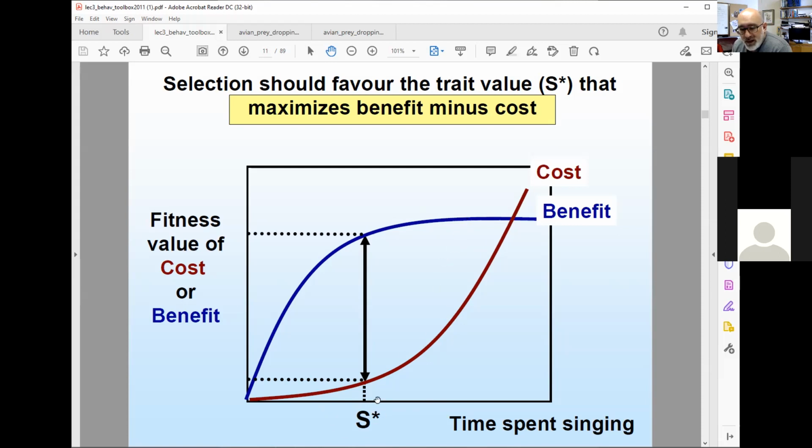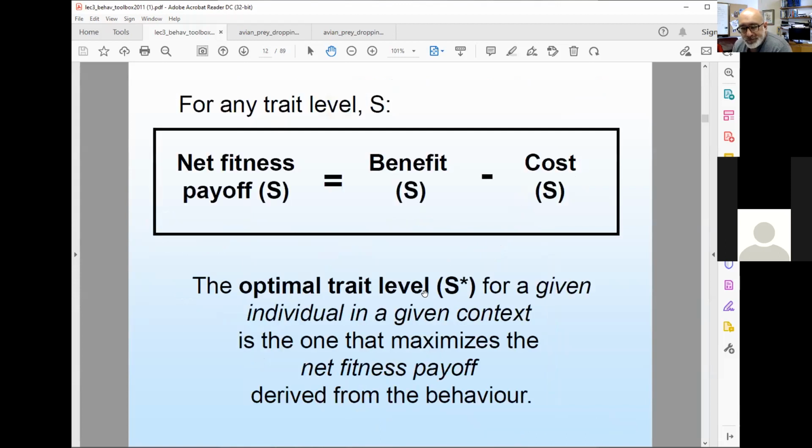Okay, so that's what we call the optimal trait value. In this case, it's a behavior, time spent singing. So the optimal trait value, this S star, for a given individual in a given context is the one that maximizes the net fitness payoff derived from the behavior.